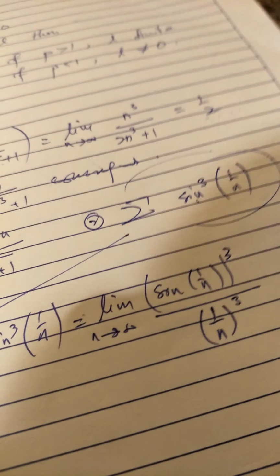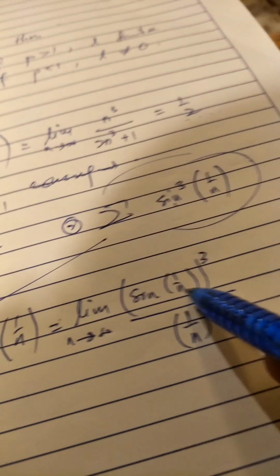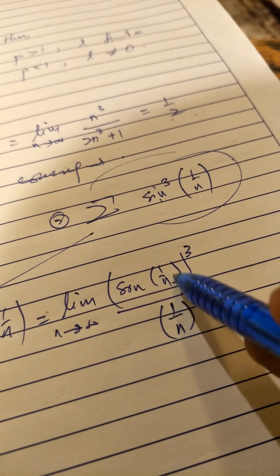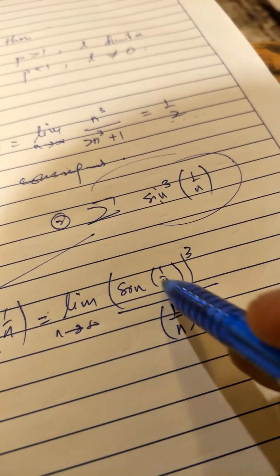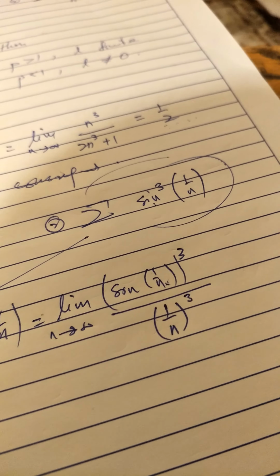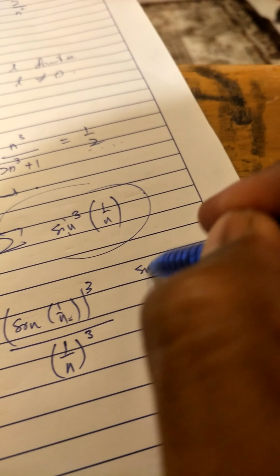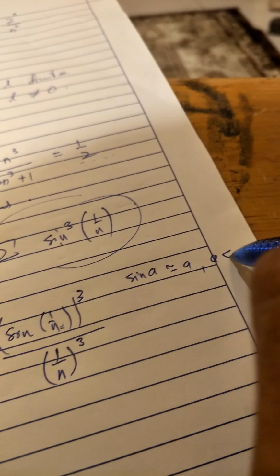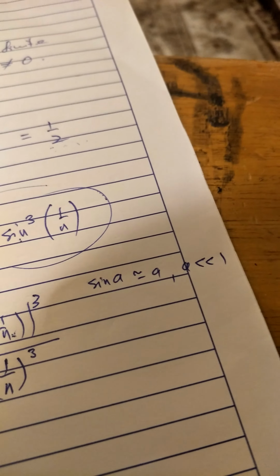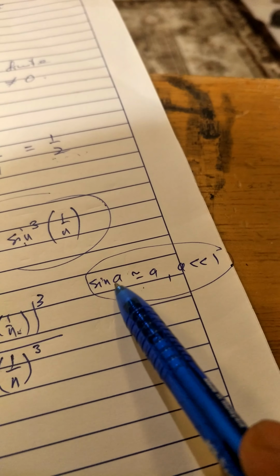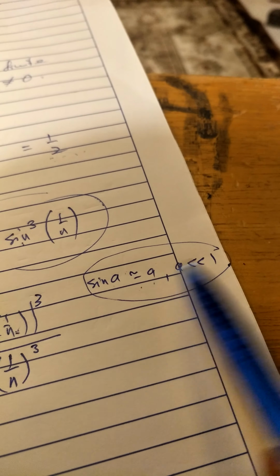For n big enough, the argument inside the bracket becomes very small. Remember this: for a small, sine a is just about a.